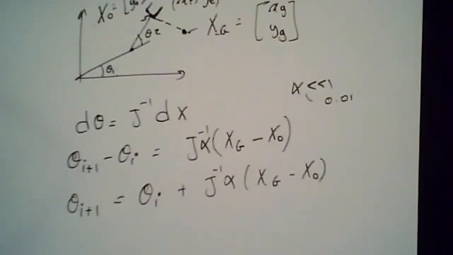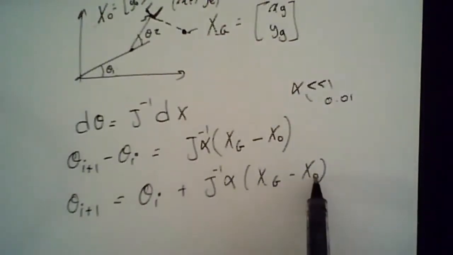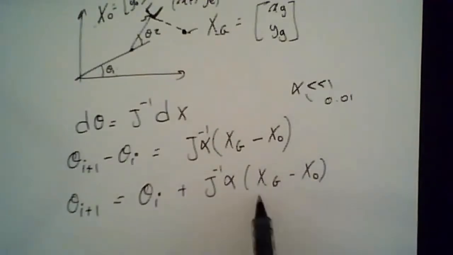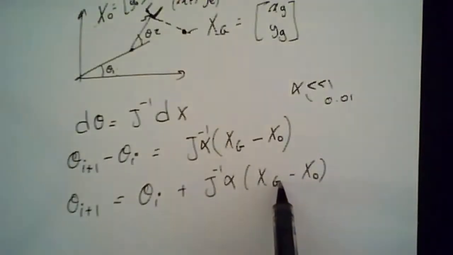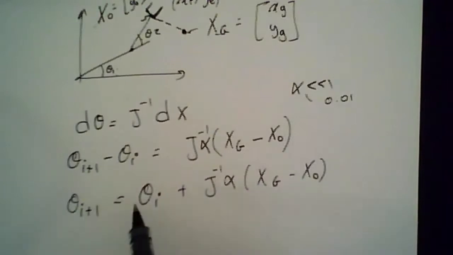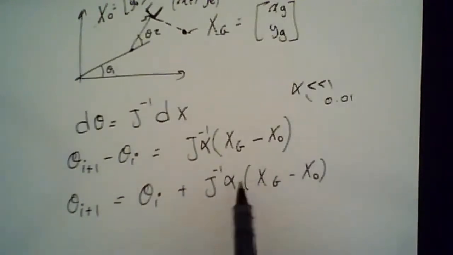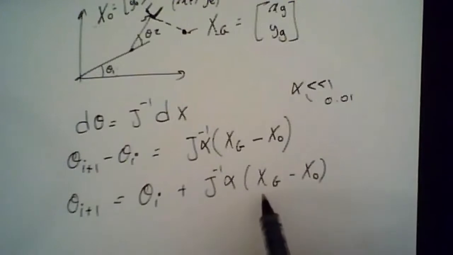You do that in a loop and continuously repeat until your error becomes 0. Every iteration you update your x0 and the error is reduced. Ultimately, theta i will converge to one value where you are actually solving the inverse kinematics of xg.